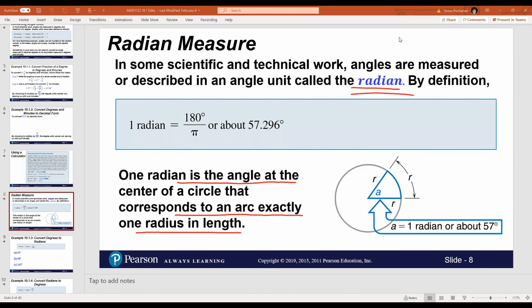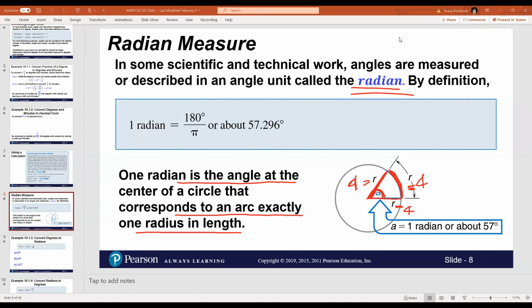So if I have some angle, and say I had a radius here, maybe equal to 4 units, whatever the units might be, and of course that makes all of the radii the same. If I have a distance along the circumference of the circle that is also equal to 4 units, then the angle that created that 4 is 1 radian.